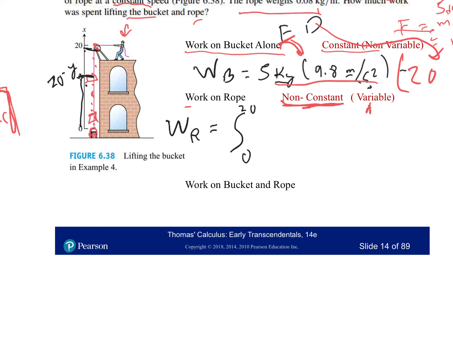So that's a y value from being at 0 down at the bottom, so 20 minus y. So my force is still going to be the weight of the bucket, still being acted on by 9.8, and that weight is also dependent on that little slice of rope.